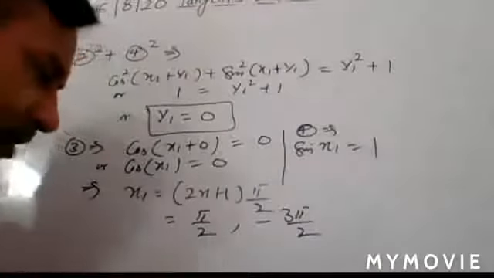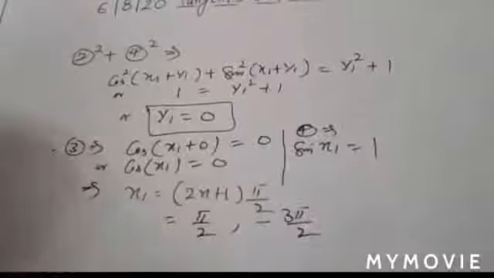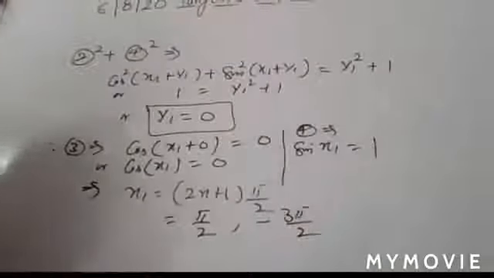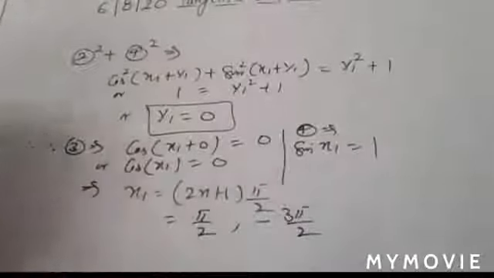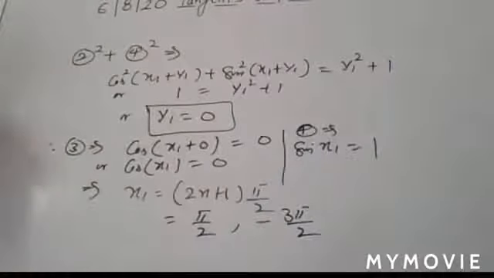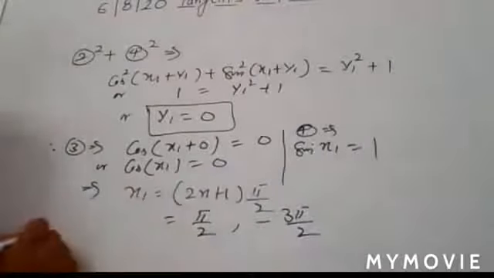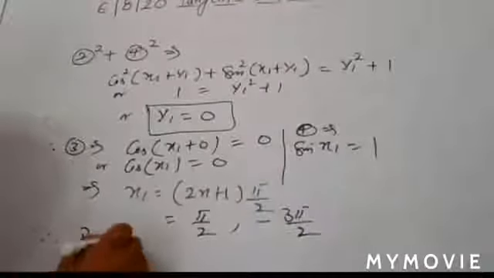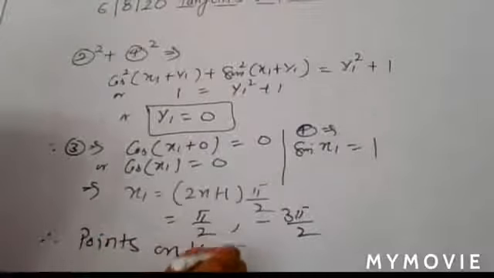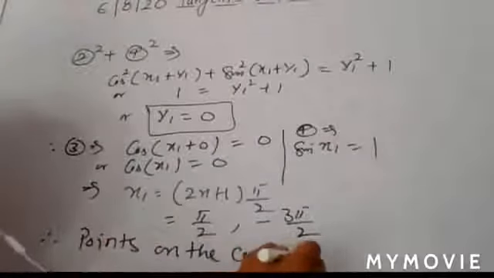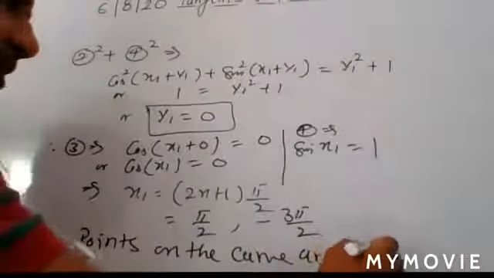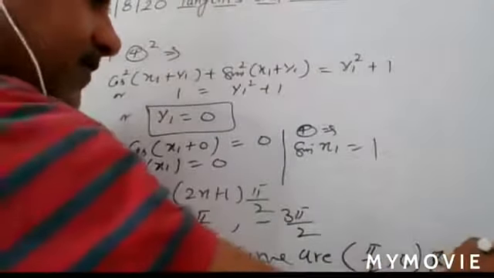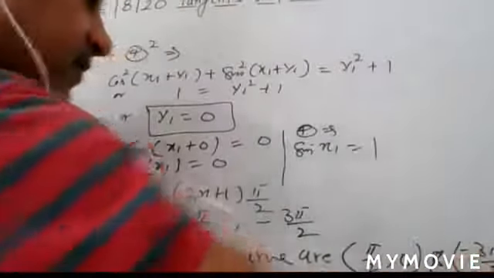Okay, if the points on the curve are known, you can automatically find the equation of the tangent. The slope of the tangent is already given, minus 1 upon 2, so you can write it directly. Hence the points on the curve are pi by 2, 0 and minus 3 pi by 2, 0.